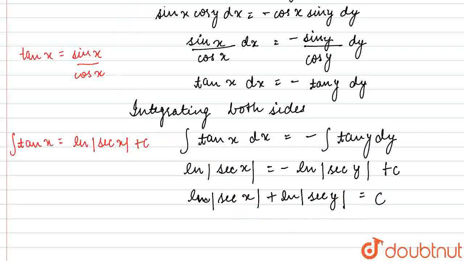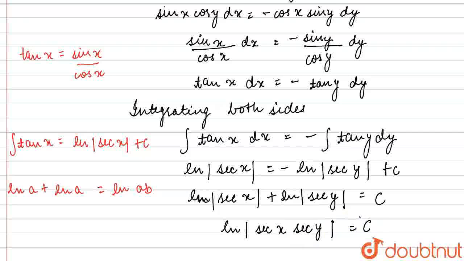Now we know the property of log, ln a plus ln b is equal to ln of a into b, so they get multiplied. So what I'll get here is ln of sec x into sec y is equal to the constant c.